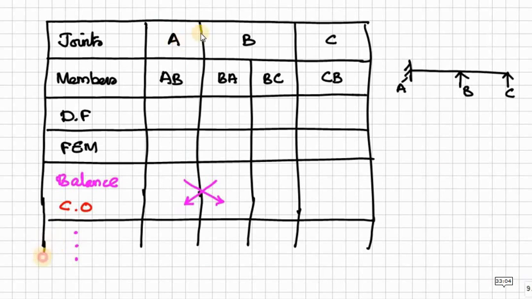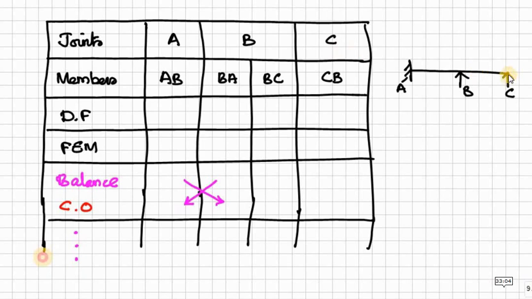In the distribution table we have joints, to consider each joint separately: A, B, C. For example, if this is our beam, then we have A joint, B joint, C joint. Next, the members: how many members are meeting at the joint? At joint A, we have only one member originating from the joint, that is AB. Then at B joint, we have BA as well as BC.